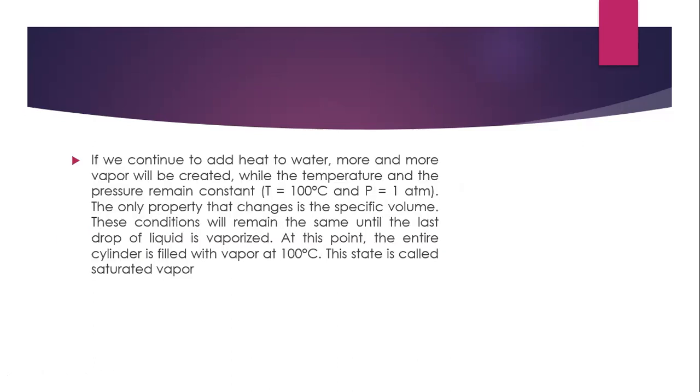In the next segment, from 100 degrees Celsius further, heat is added to the water. Say, for example, from 100 to 200 degrees Celsius, you are heating the vapor. More and more vapor continues to be generated at constant pressure. This state we call a saturated vapor.